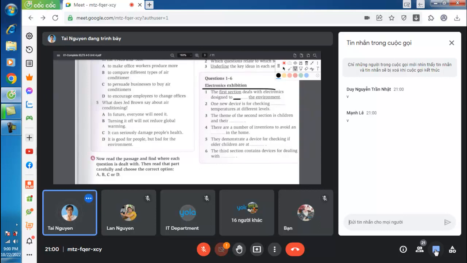And remember, the key word is the environment. So if you've got a verb that goes with environment, that must be the answer. For example, can you give me some possible verbs that go with environment?